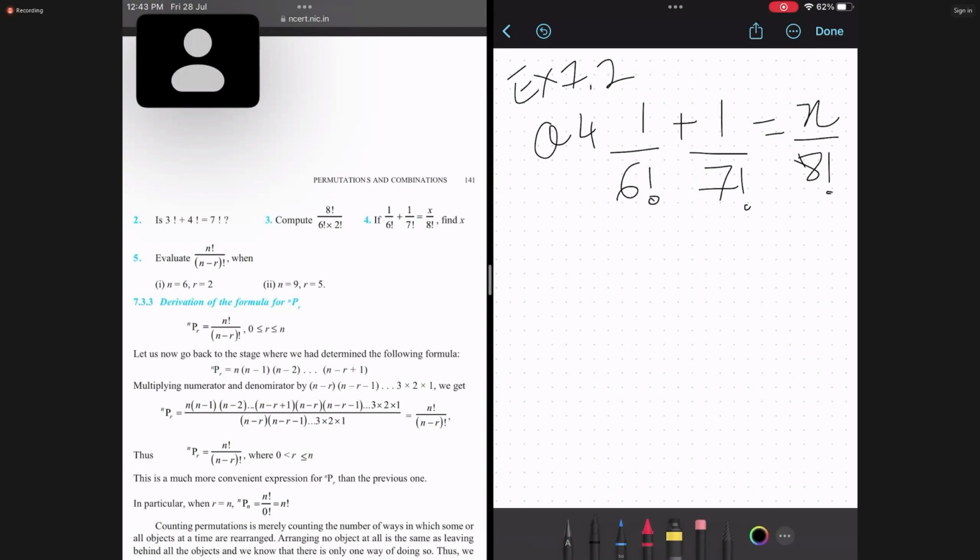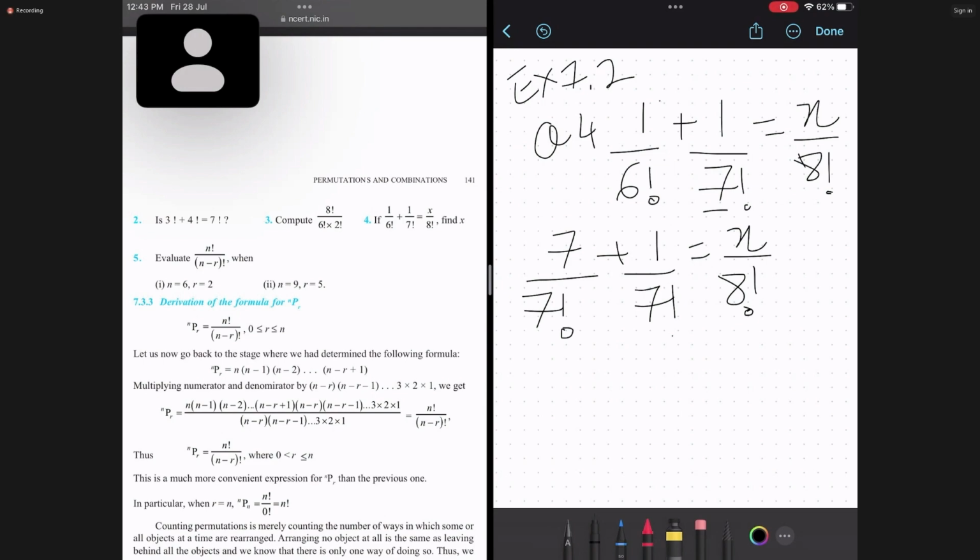So first, let's simplify the LHS. Because 7 is the term that is differing here, I can write the first term as 7 upon 7 factorial plus 1 upon 7 factorial equal to x upon 8 factorial. Correct. I've done nothing but multiplied the numerator and denominator of this term by 7, right?